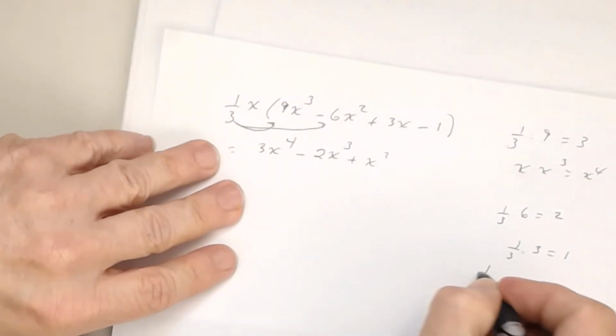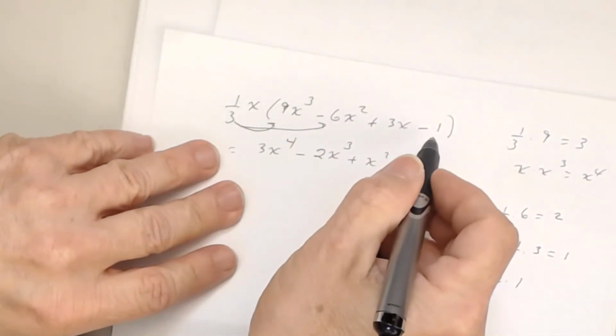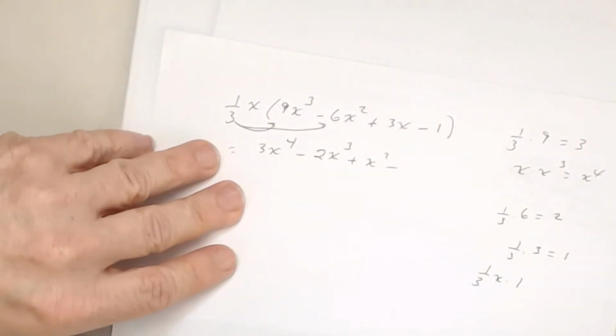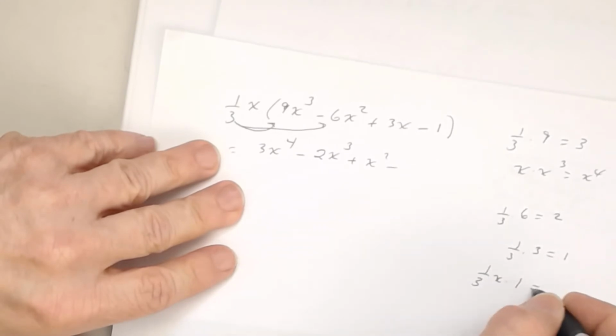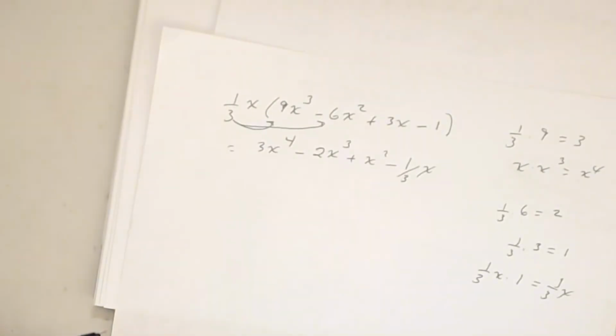What's 1/3 x times, first of all, positive times a negative is a negative. So you're going to be subtracting that term. What's 1/3 x times 1? Anything times 1 is itself. So what's 1/3 x times 1? 1/3 x. Right, so there's your answer.